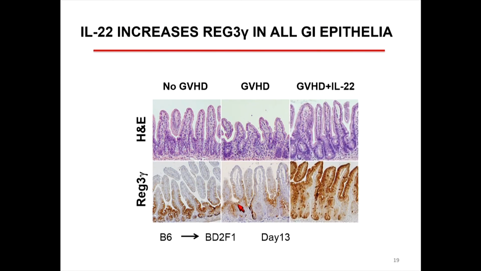And if you give IL-22, which is the cytokine that is released by those ILC3 cells, you can see that there's restoration of the villus length, and now essentially all of the epithelium is expressing Reg3.